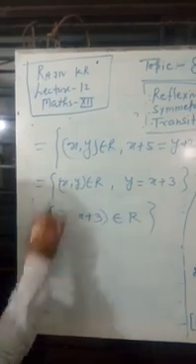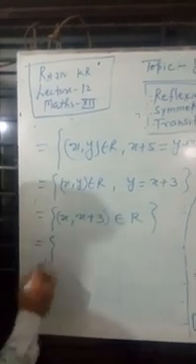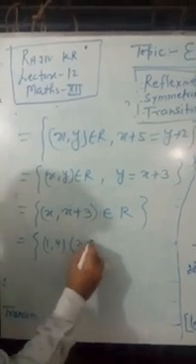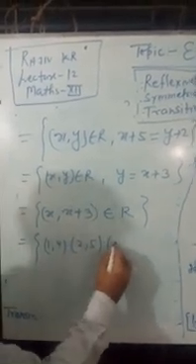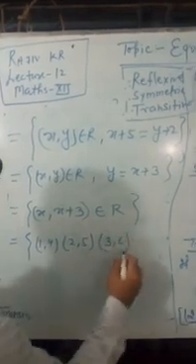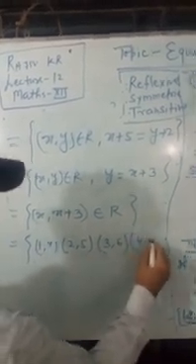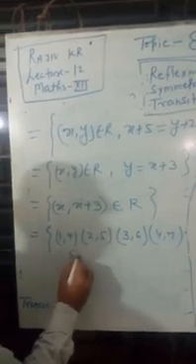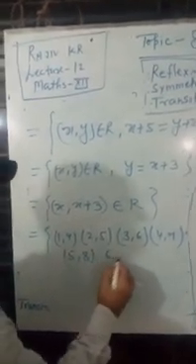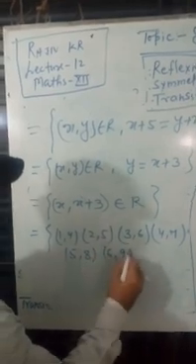Now you arrange the set of elements that have been given: 1, 4; 2, 5; 3, 6; 4, 7; 5, 8; 6, 9.